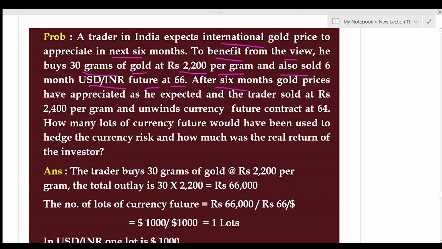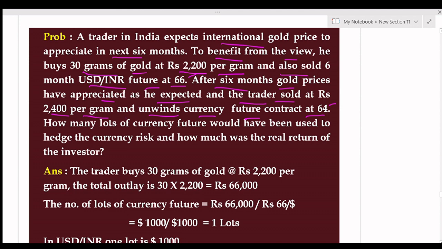After 6 months, gold prices have appreciated as he expected and the trader sold at rupees 2,400 per gram instead of 2,200 the buying price, and on expiry closes the currency future contract at rupees 64. The spot future rate was 66 and the expiry date future rate is 64.